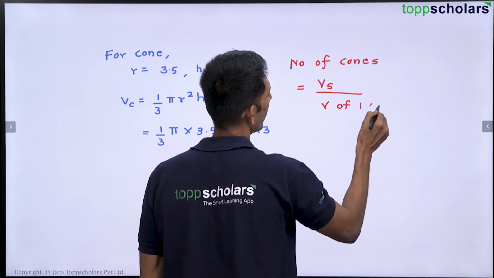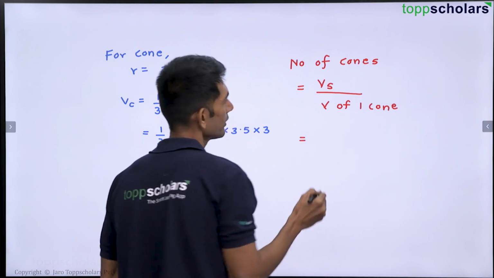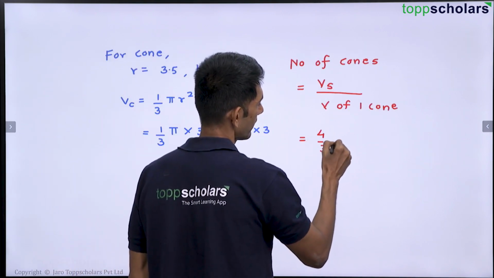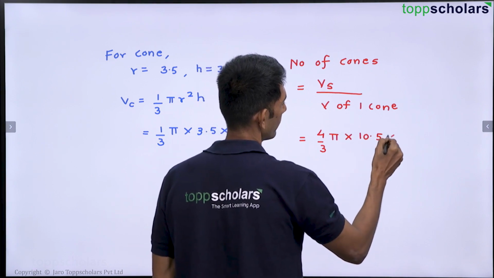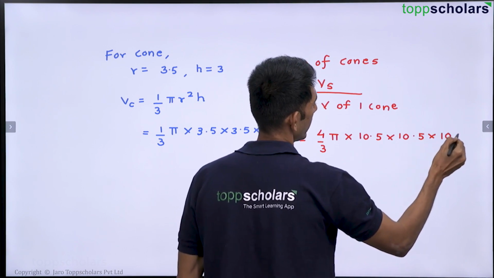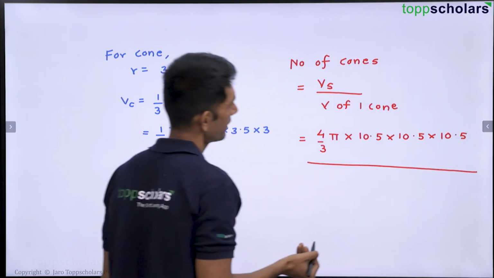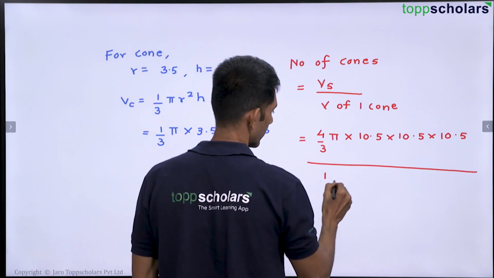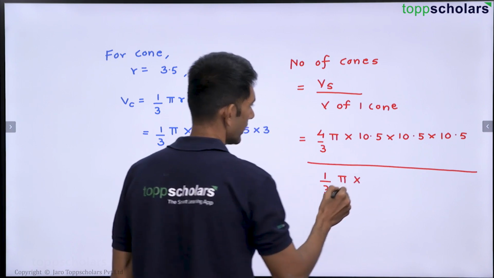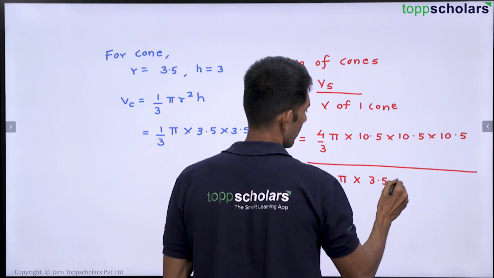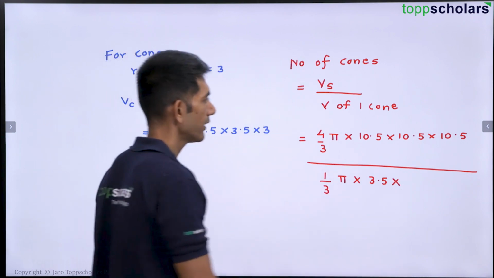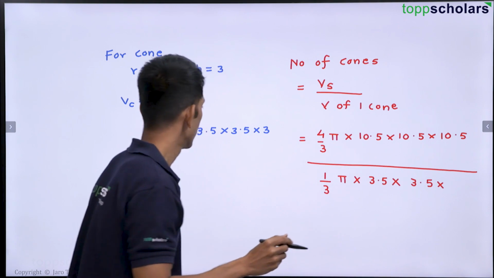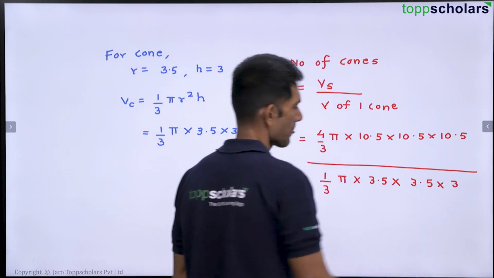The volume of the sphere we have already calculated: 4 by 3 pi into 10.5 into 10.5 into 10.5, divided by one cone, which is 1 by 3 into pi into 3.5 into 3.5 into 3.